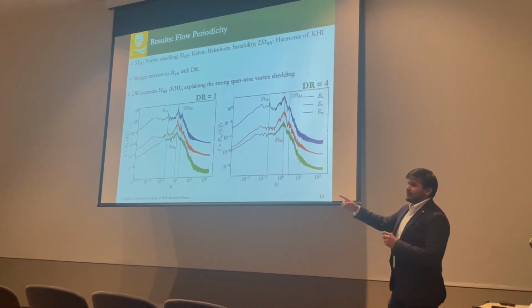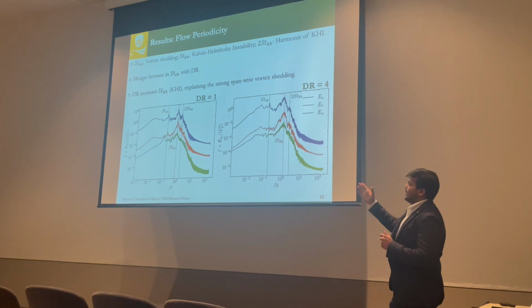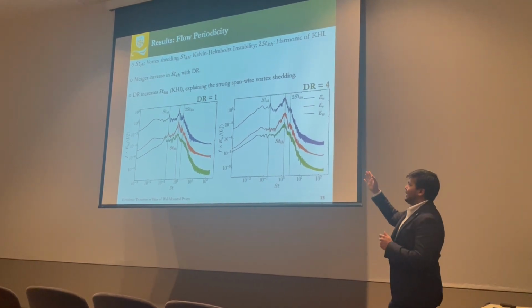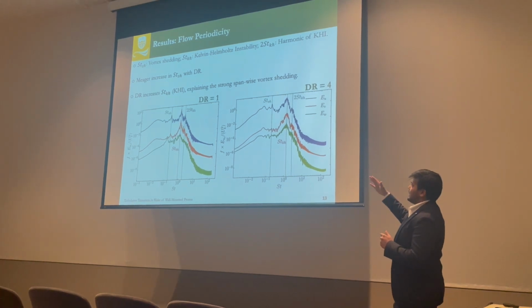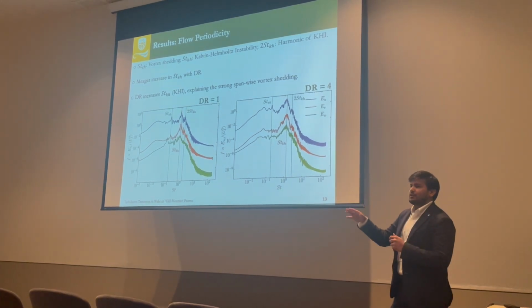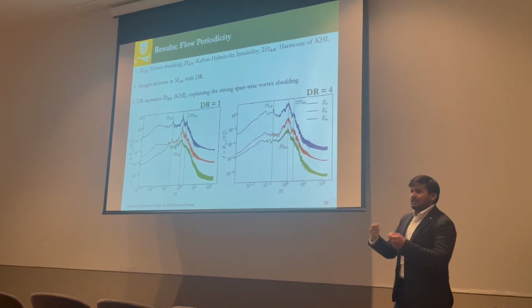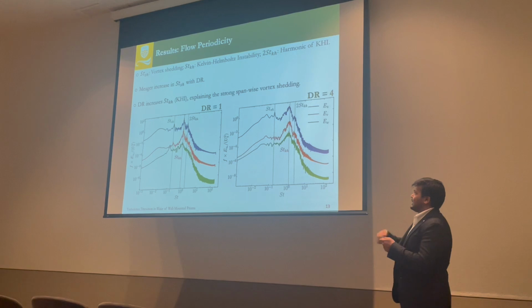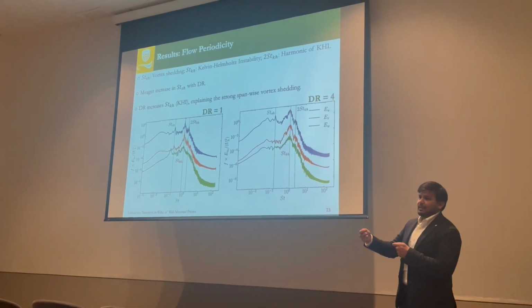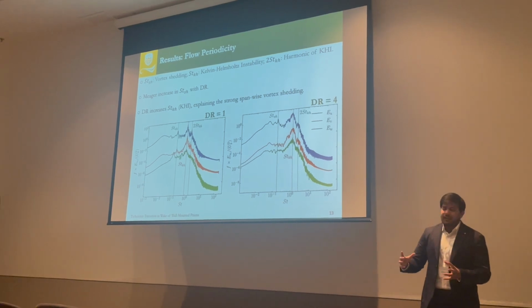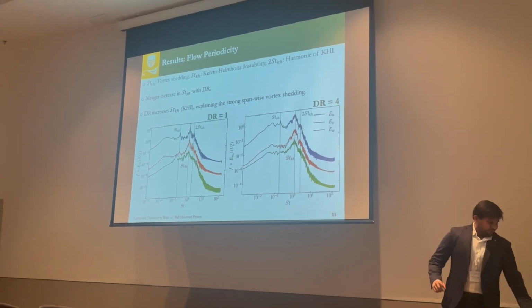Now, increasing the depth ratio from 1 to 4, we only find a meager increase in the Kármán-like vortex shedding, while a significant increase in the frequency related to Kelvin-Helmholtz instability. This tells us that depth ratio increases the frequency of that instability, which would then explain that strong span-wise vortex shedding, that irregular wake that we saw in the animation earlier.